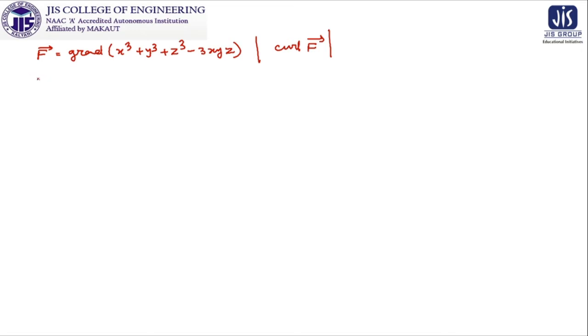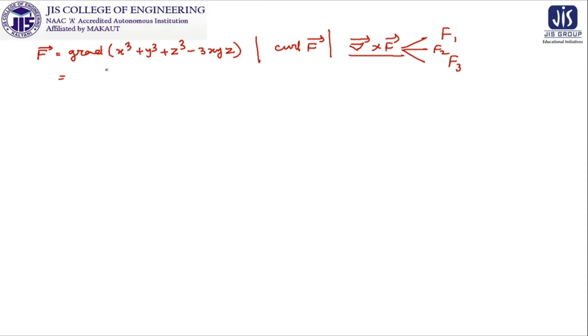So yes, we know that for curl of f we have to calculate this one, but to calculate it we need the components of f, that is f1, f2 and f3. For that we have to do this calculation first, the gradient of this one. As in the last class, it is shown clearly by all these steps.